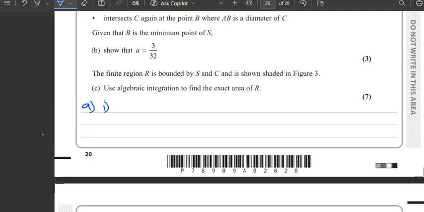Now, by formula, we know that the coordinates of the center of a circle, let's say O, is given as negative h over 2, negative k over 2, where h and k are the coefficients of x and y respectively.